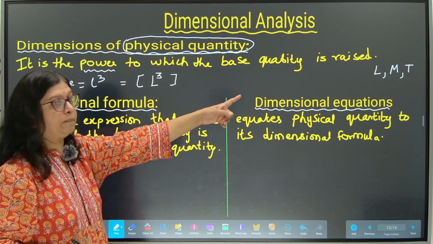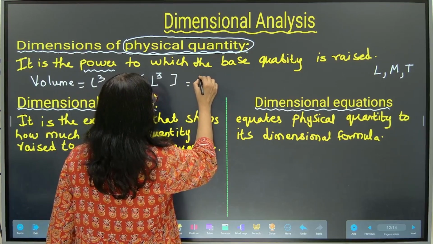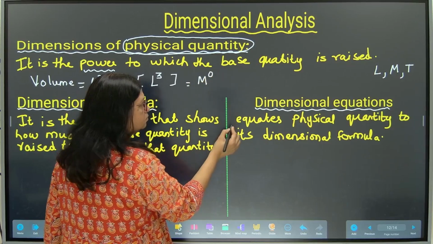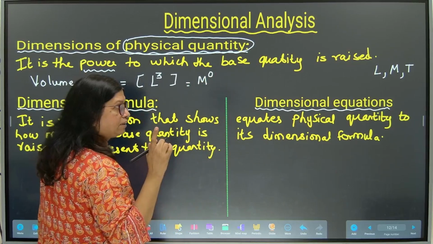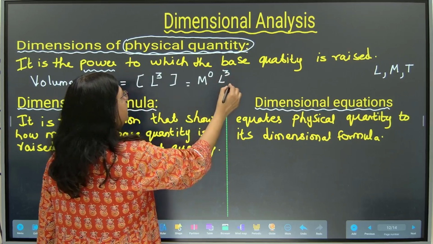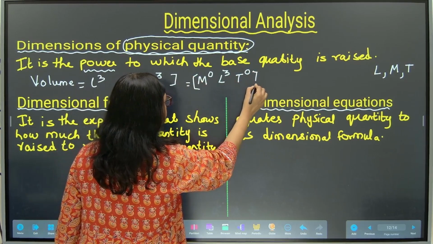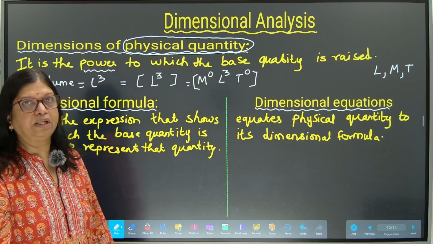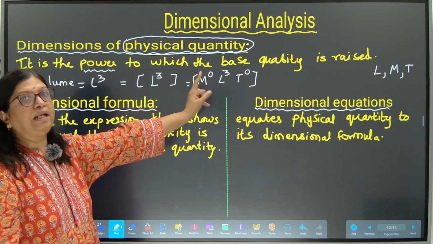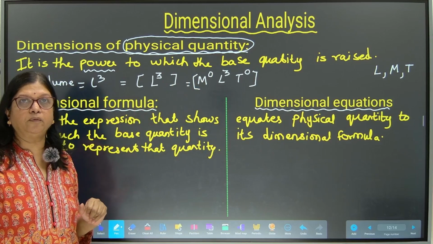Now, what about the powers of M and T? The power of M is 0 because it is not there in the expression. L is 3, T is 0, and we complete it with a square bracket. This is the dimension which we have written for the volume.